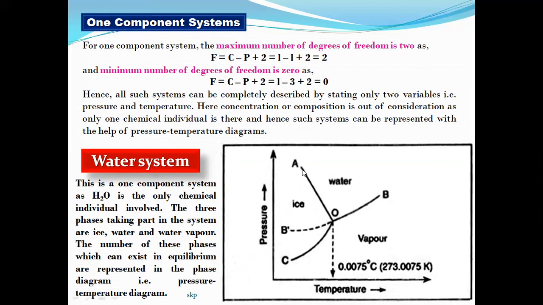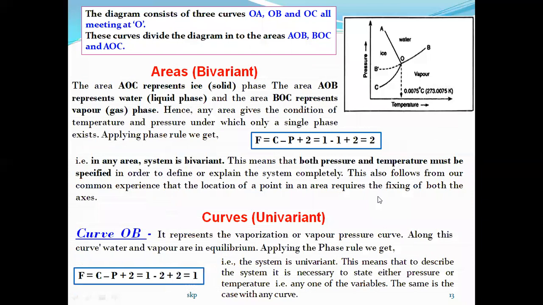The diagram consists of areas: AOB indicates the phase water, that is the liquid phase. AOC indicates the ice phase, that is the solid phase, and BOC indicates the vapor phase of water.